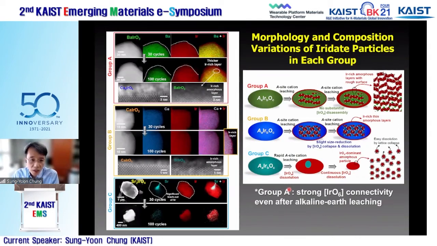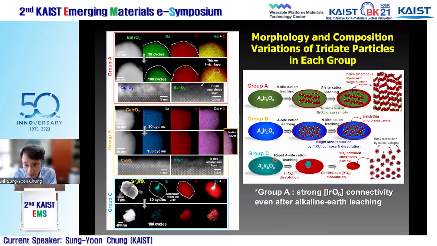So in group A, even if the barium and calcium dissolution cannot be avoided, the connectivity is very high. So the remaining iridium-oxygen connection is still preserved. That's why the durability is very high.